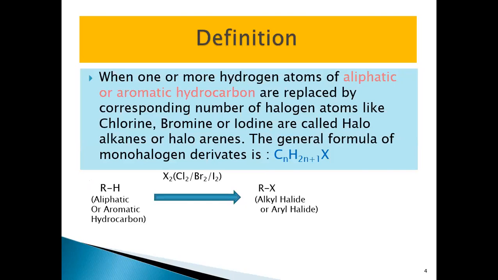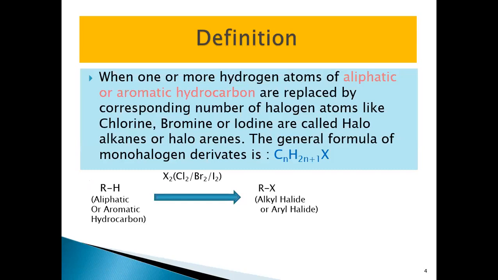When one or more hydrogen atoms of an aliphatic or aromatic hydrocarbon are replaced by a corresponding number of halogen atoms like chlorine, bromine or iodine, they are called haloalkanes or haloarenes. The general formula of this is CnH2n+1X.